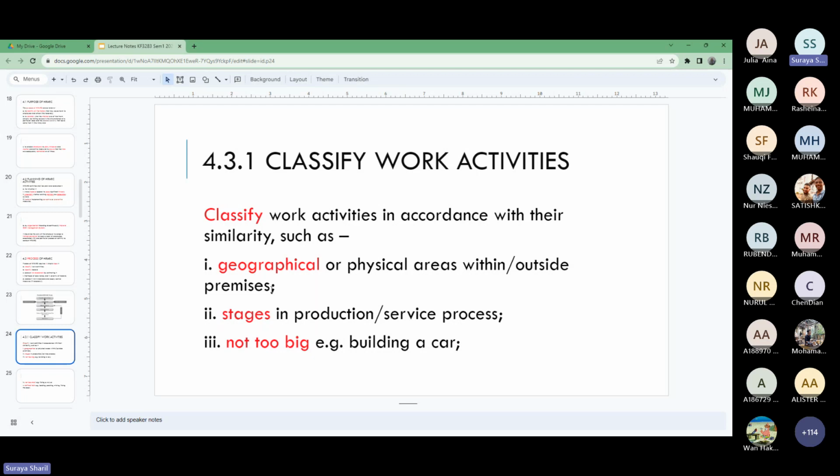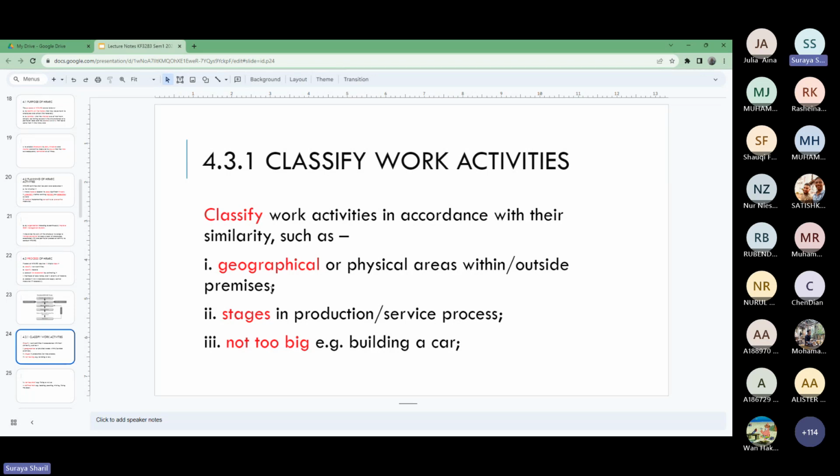So in this slide, what it's trying to explain here is when we do the assessment, we need to classify or itemize the work activities, because of course in any organization or company or factory, for example, there are many work activities involved.